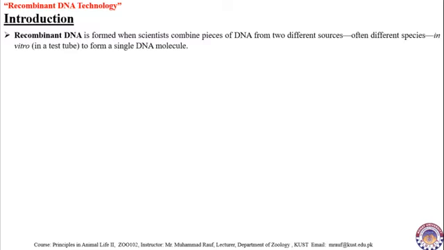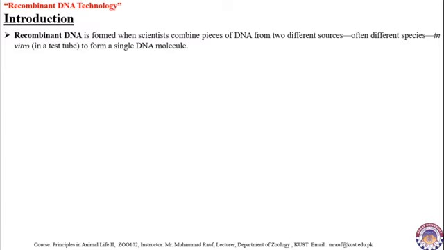Introduction. Recombinant DNA is formed when scientists combine pieces of DNA from two different sources, often different species, in vitro to form a single DNA molecule.